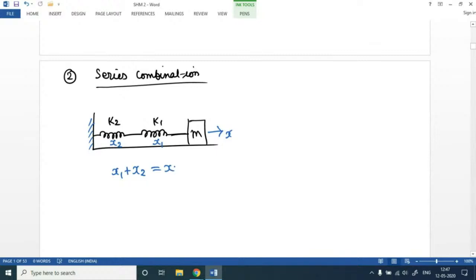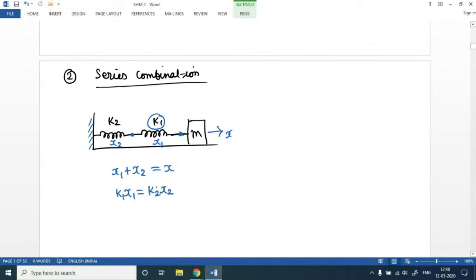And also you should understand, since this spring is massless, the spring force exerted by this spring at this point will be equal to the spring force exerted by this spring at this point. So you should realize that k1 x1 is equal to k2 x2.